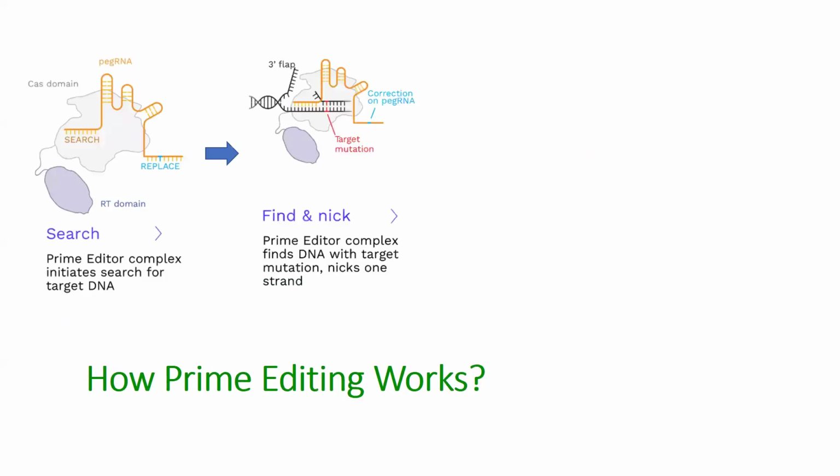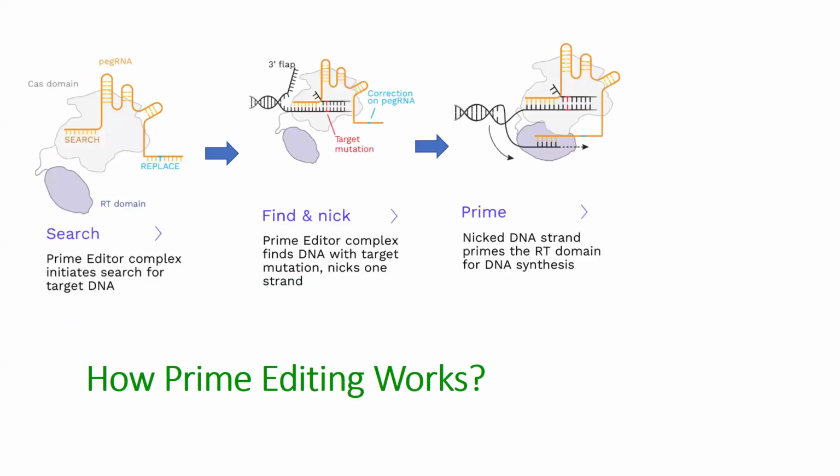How prime editing works, here you can see the illustration. The prime editor complex initiates a search for the target DNA. This complex is the construct you need to design, and then it searches for the target DNA. Here you can see it find the target and then cut the single strand, not the double strand.